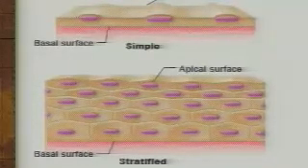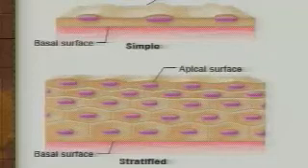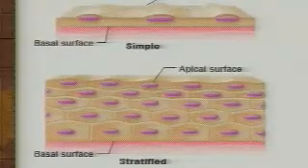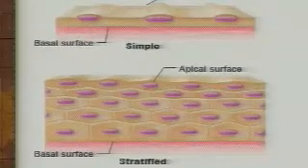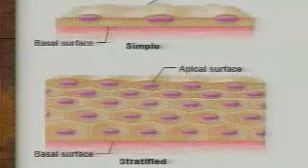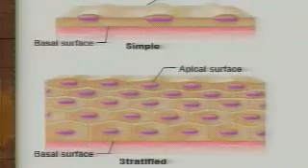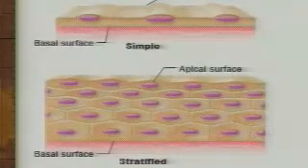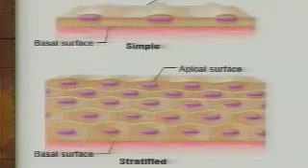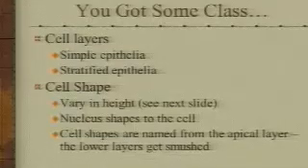Okay, there's only one cell high in simple epithelium. Stratified has multiple cells. Okay, you could see the basal surface, which is connected to the bottom. It has multiple cells stacked up to that apical surface. Okay, simple versus stratified. So simple epithelium is going to be one, stratified is going to be multiple.